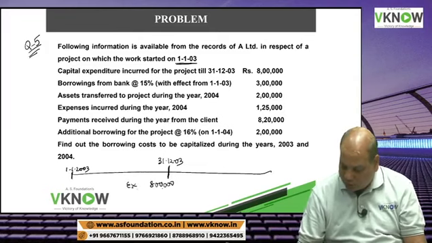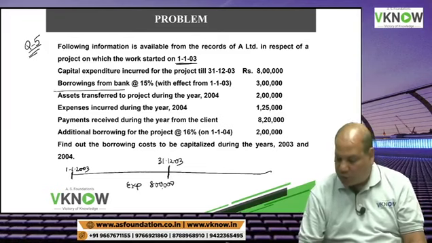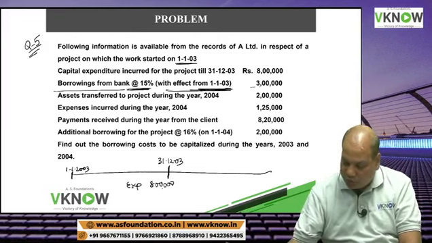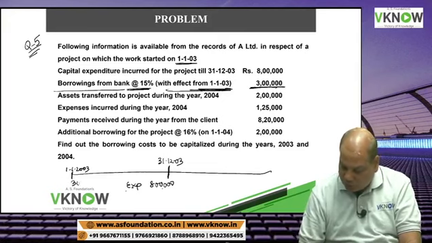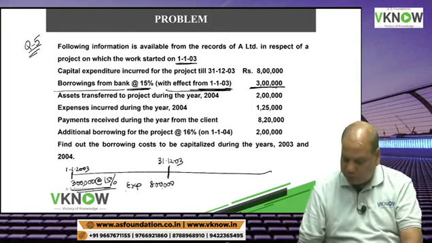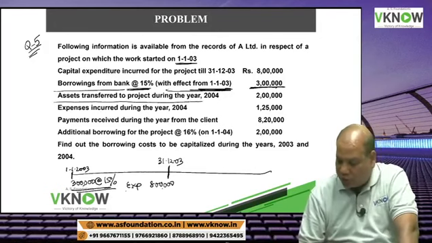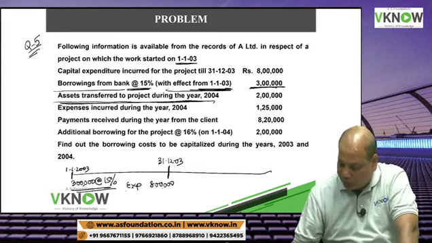This is the expenditure incurred. Borrowing from the bank at 15% with effect from 1st January 2003 is 3 lakh, and during this period you have taken a loan of 3 lakh rupees at 15%.